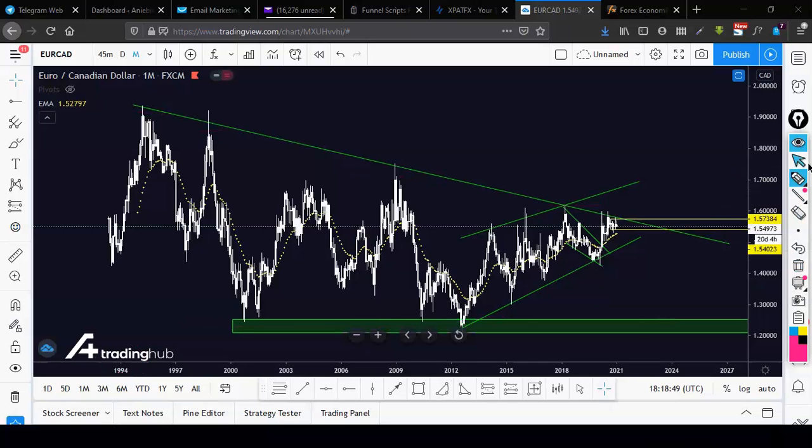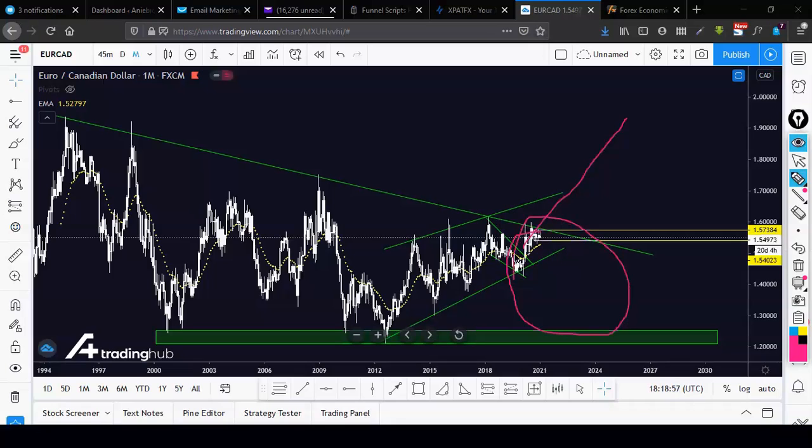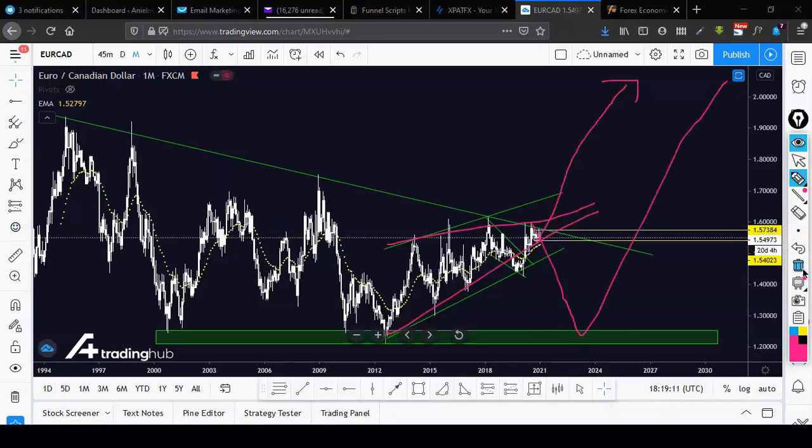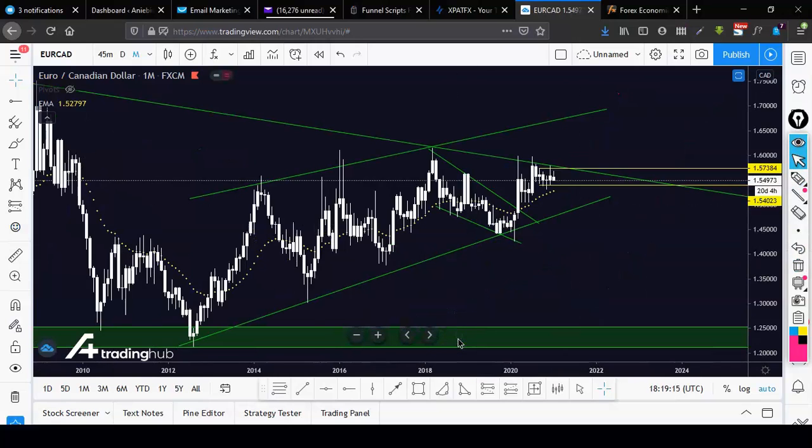This kind of structure, when you see it on the major time frame, we want to see it break to the upside, but the channel is not yet tight. It has to be very tight. So I'm not expecting this breakout to happen immediately, not even this year. I want to see this wedge break down and tag this bottom again before that breakout happens. But this is on the higher time frame.